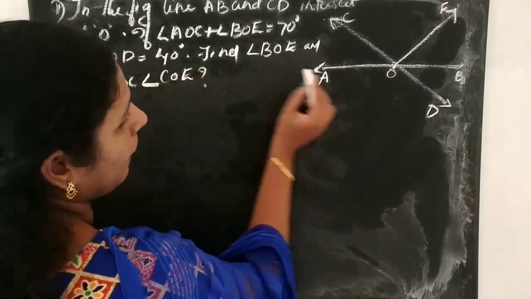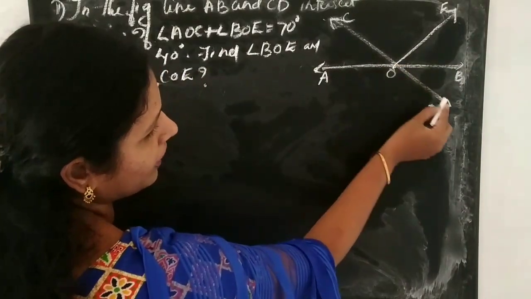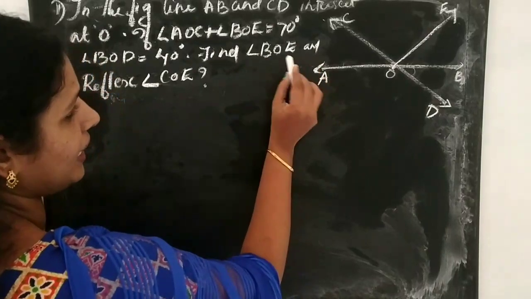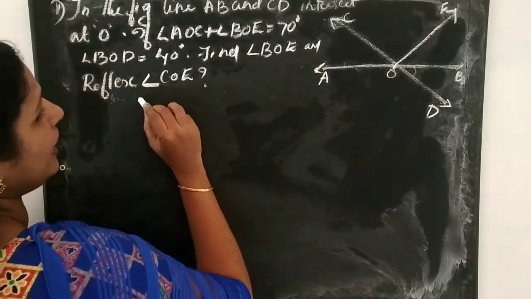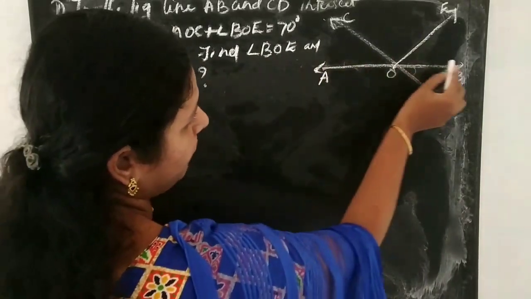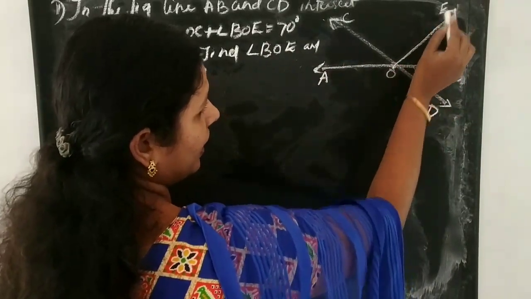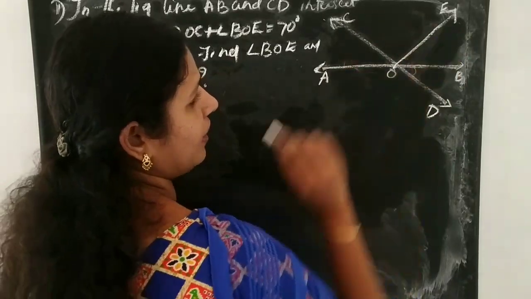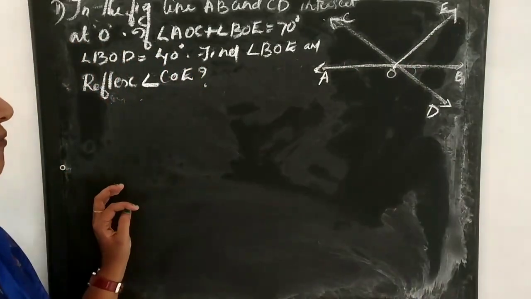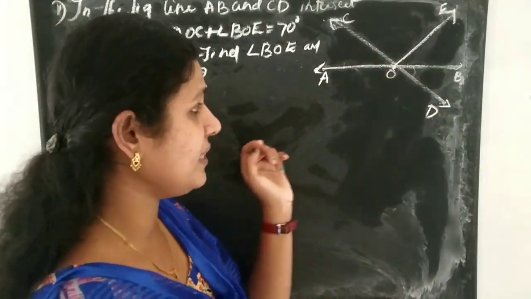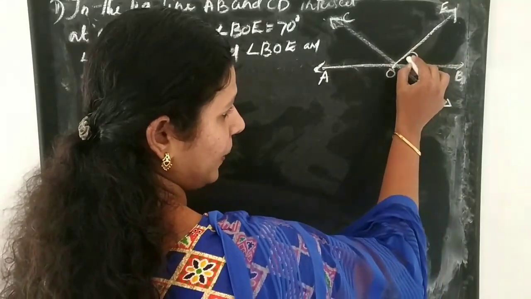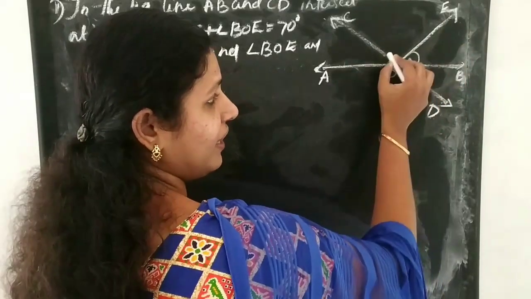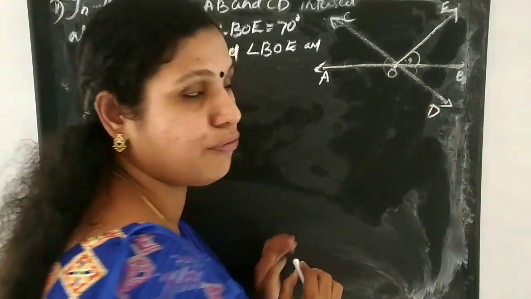Angle BOD equals 40 degrees. Find angle BOE and the reflex angle COE. We have to find this BOE and the reflex of this COE.